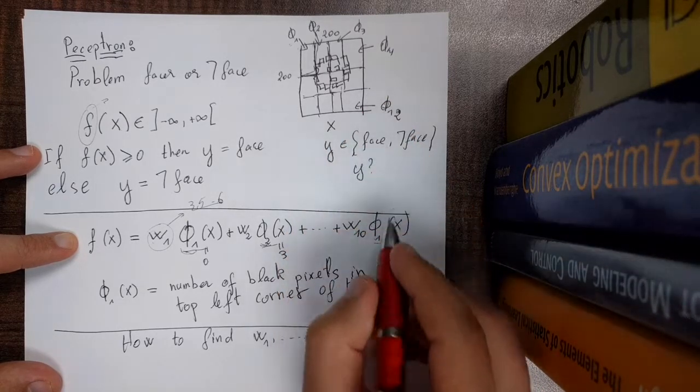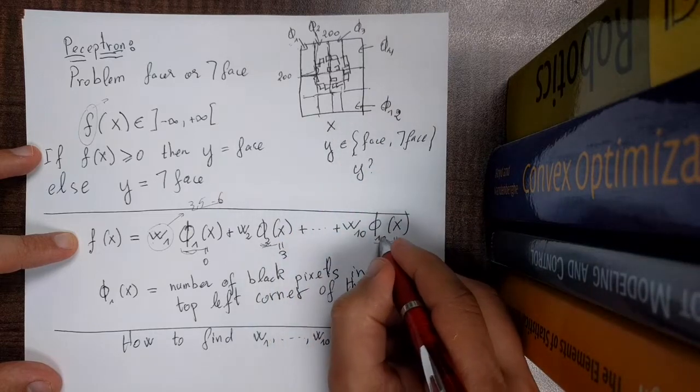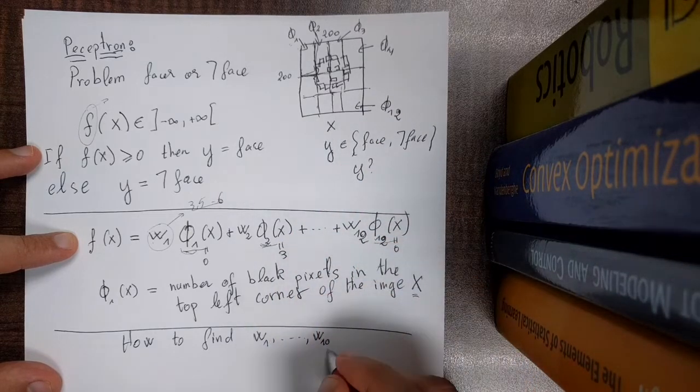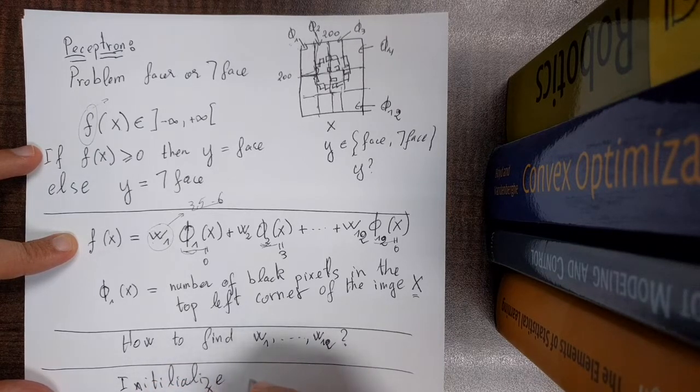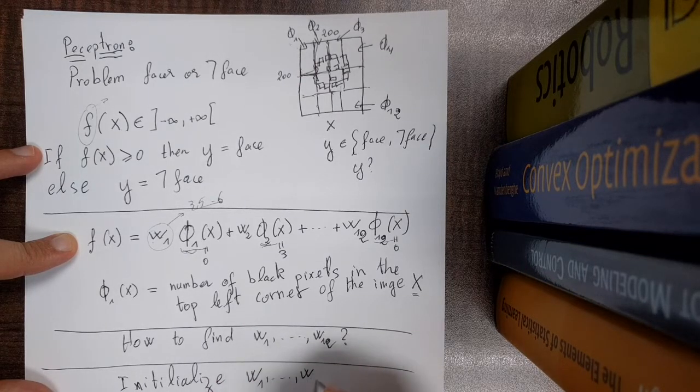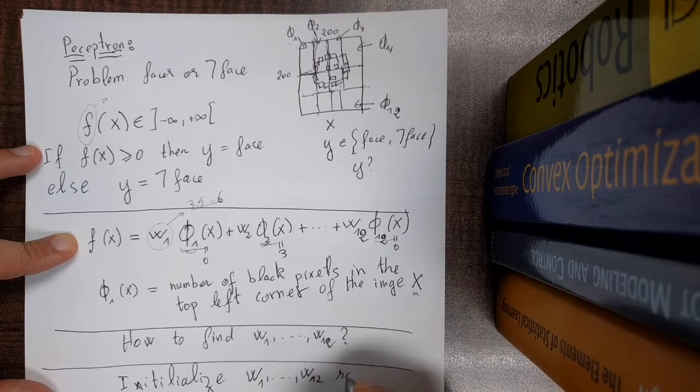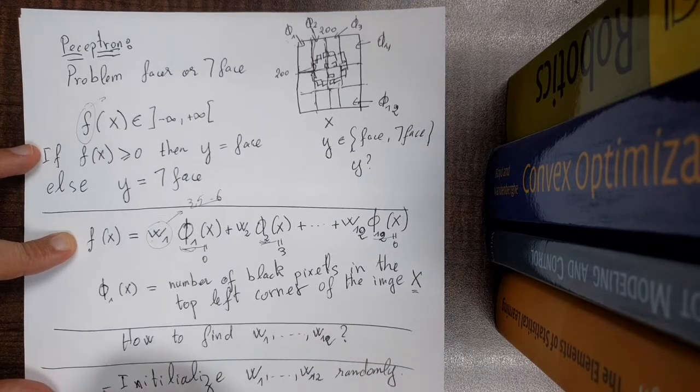Or in this case we have 12, so we're going to go to 12. So the idea of Perceptron: initialize everything to 0 or randomly. That's the first thing you do.